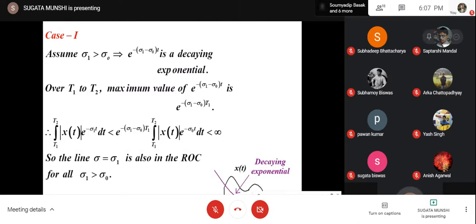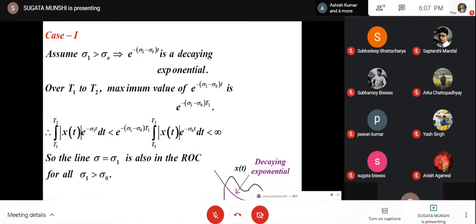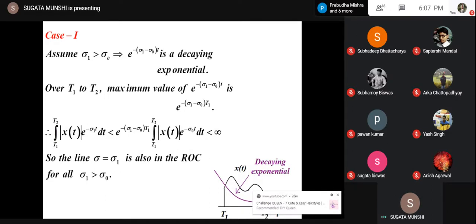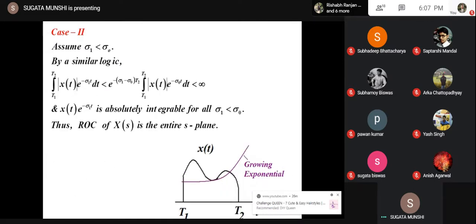Second case, what will happen if sigma 1 is less than sigma 0? Now, remember that this is true for any value of sigma 1 greater than sigma 0. Sigma 1 less than sigma 0.